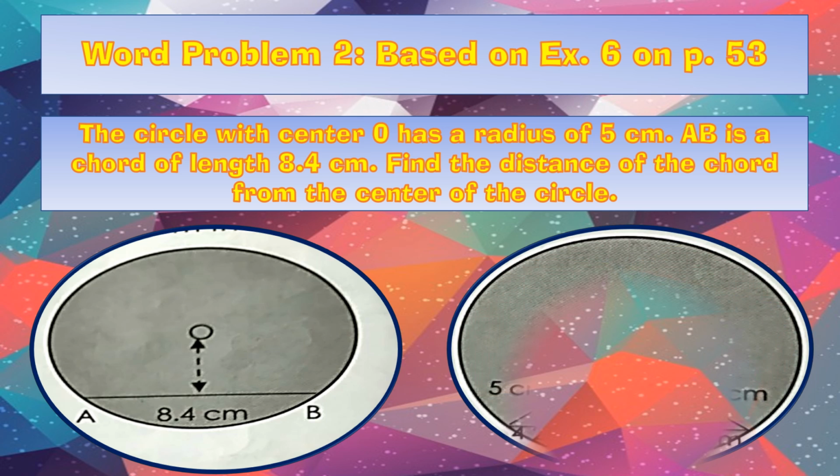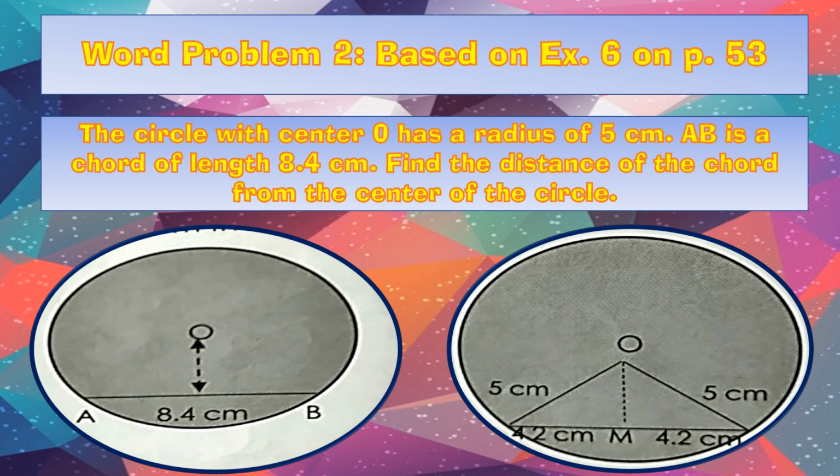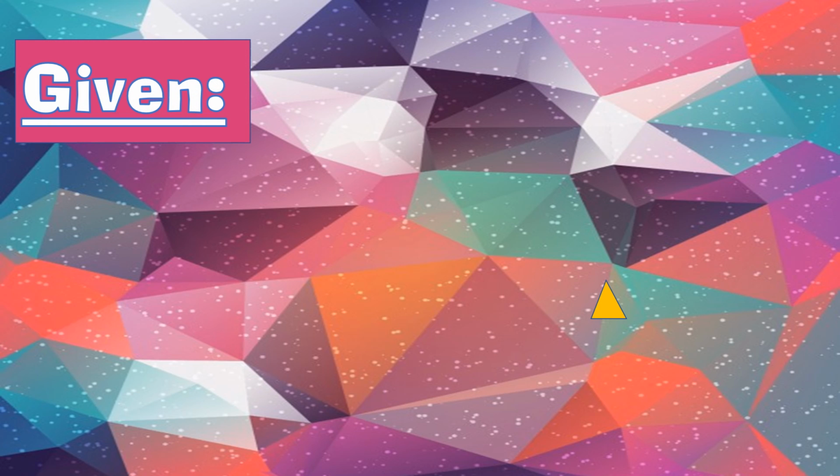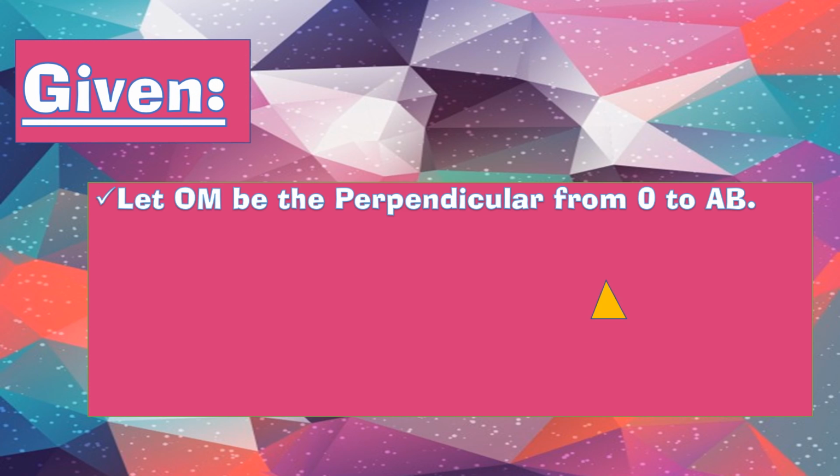So let's move to this other illustration. Since we're talking about the midpoint of A and B, it is M. So we got 4.2 and 4.2 to the other side. It should be equal. The first thing to do is we have to identify the given. Let OM be the perpendicular from O to AB.